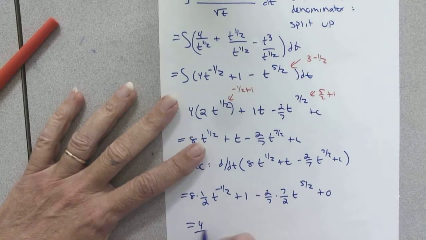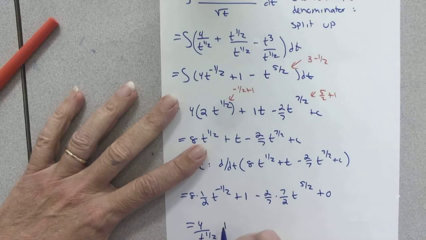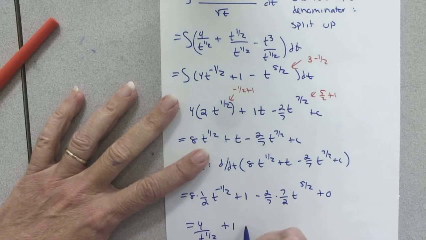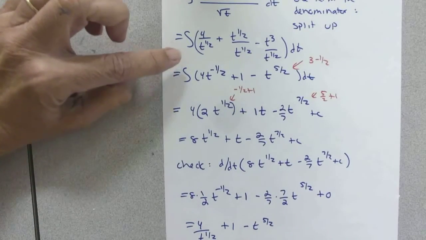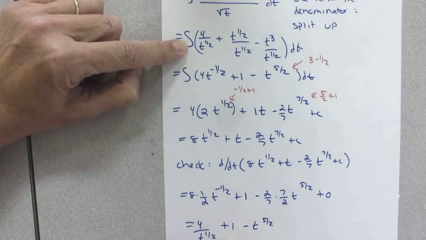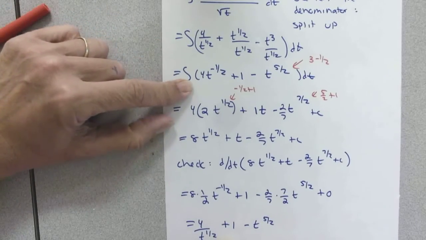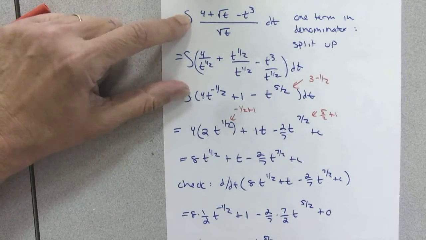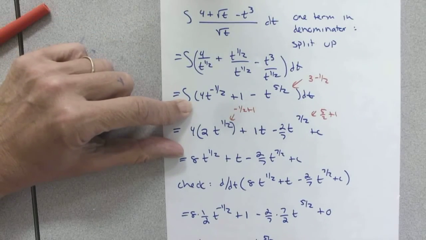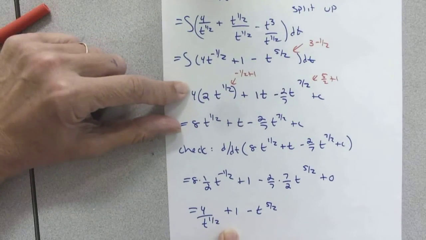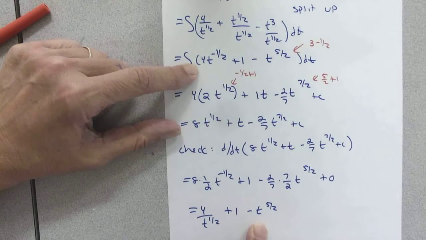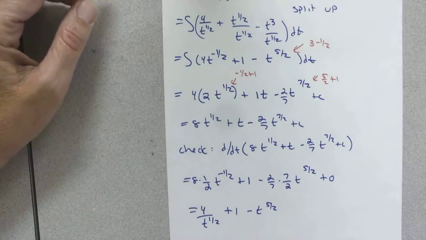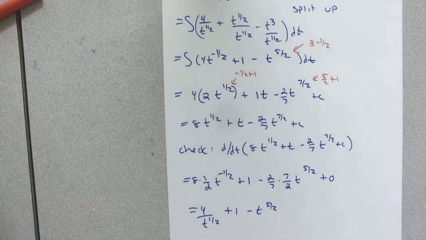So I'm going to have 4 over t to the 1/2 plus 1 minus t to the 5/2. And it will check back to here more or less. You can't check your algebra from here to here. It's not going to check your algebra, but it's checking this step right here. When I went and found my antiderivative, it checks back, and it absolutely checks back, so I know I'm right. If you got a few minutes, check these things.